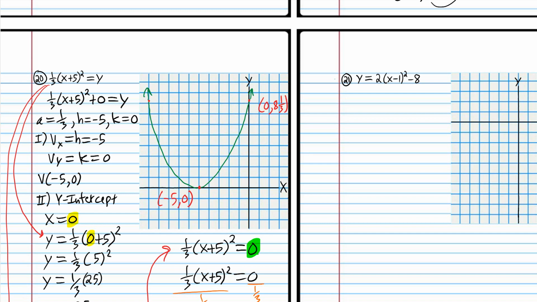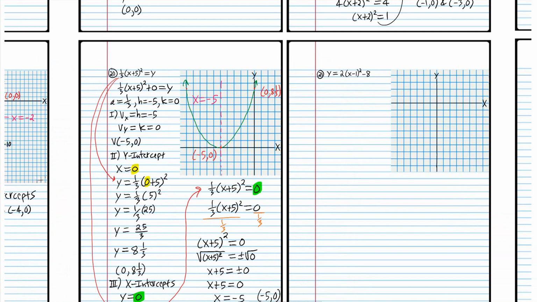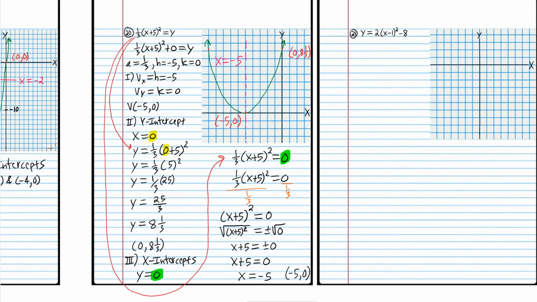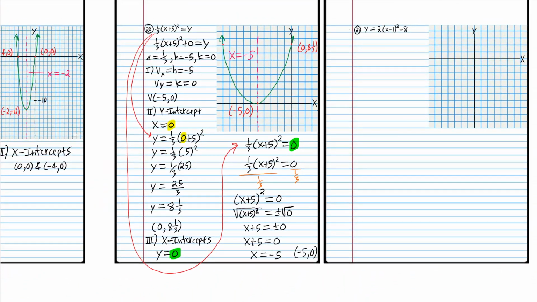And we're going to draw the line of symmetry as usual, and write the equation of the line of symmetry, which is x equals -5. So that's just another example where we're graphing a quadratic expression in vertex form, but we're finding the x-intercepts and the y-intercept.